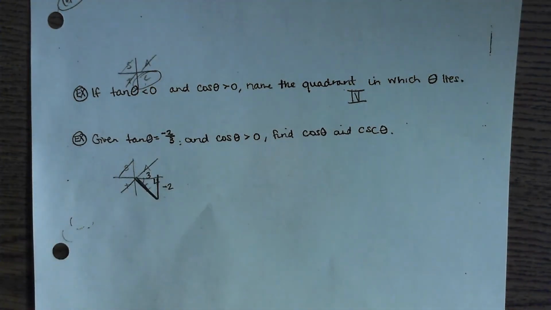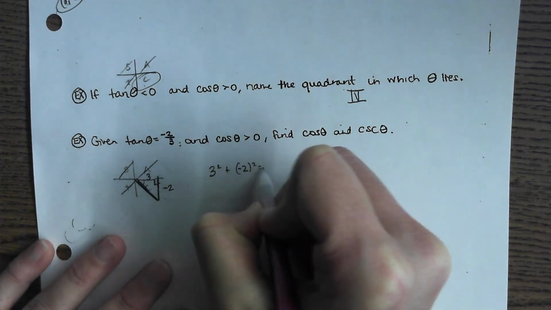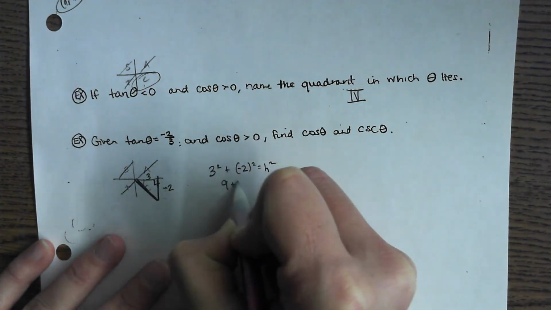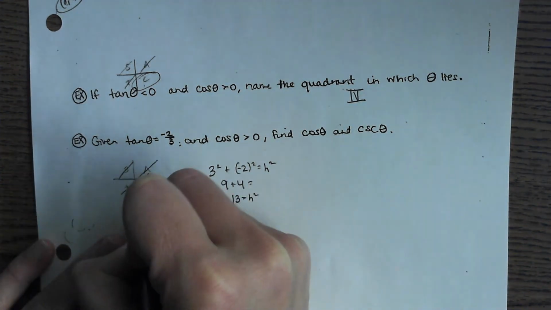So if we wanted to write the coordinate point now, we could, 3, -2. But Aiden, that still wouldn't go back and help you because we're definitely not in the unit circle, right? So we got to find our hypotenuse. So the hypotenuse is √13.